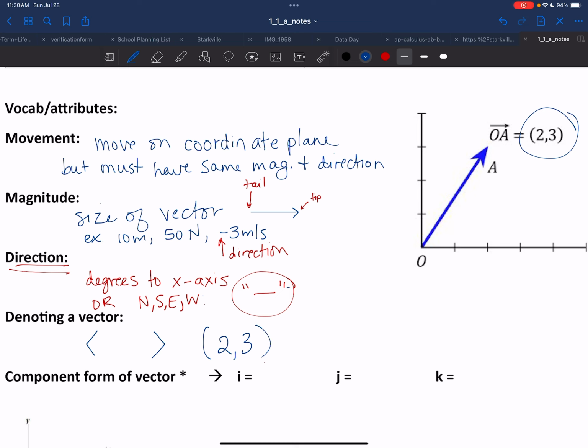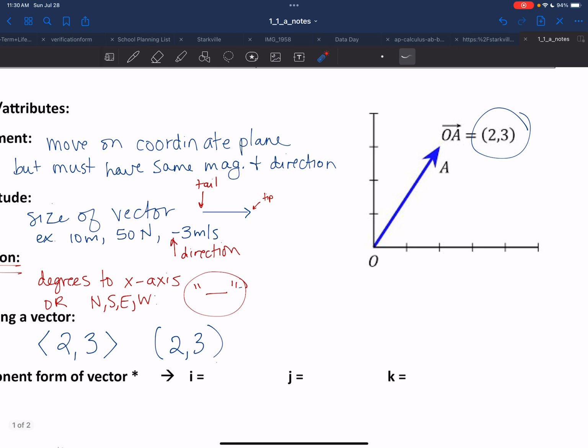As long as your tail is at the origin, you can use the standard coordinate for it. If this was shifted a little bit over to the right, you could still have 2, 3 designated. You would just have to recognize that that's not where it lands on your coordinate axis. So you could have 2, 3 to denote your vector. And of course, I'm talking about this vector that's right here.